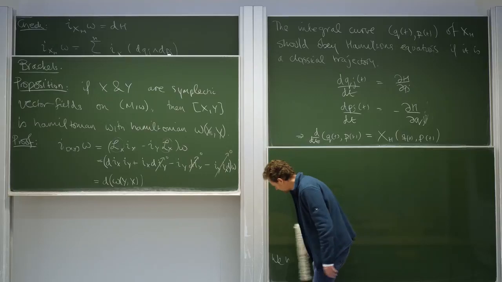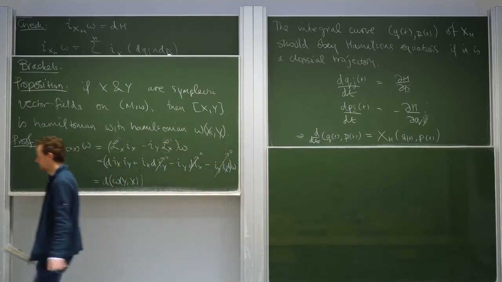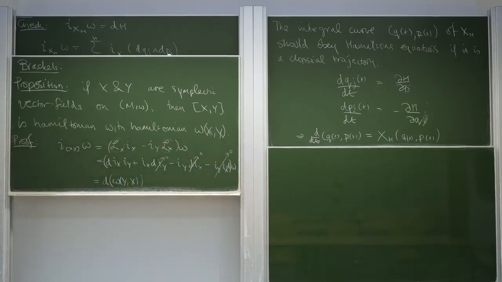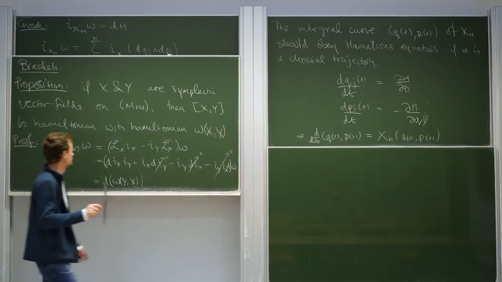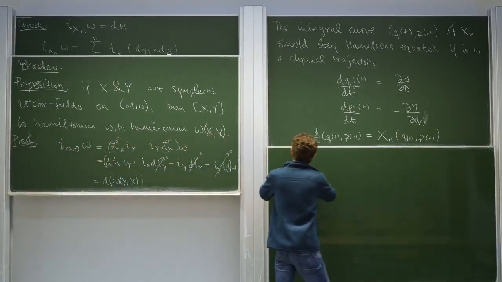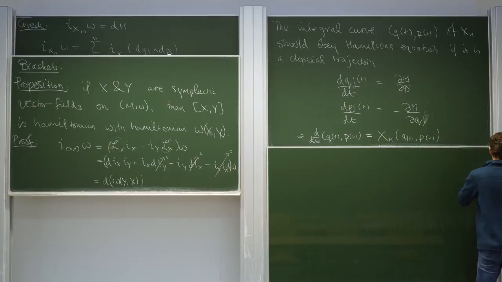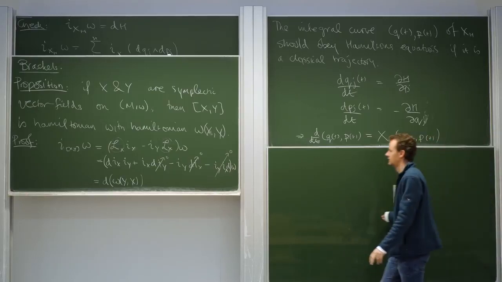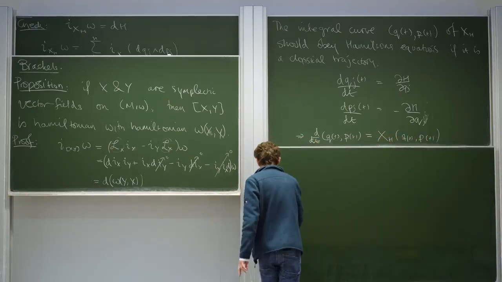So this function is a function of two vector fields, and we're going to give it a special name in a minute. I'm going to give it a special name in the case that both y and x are Hamiltonian.